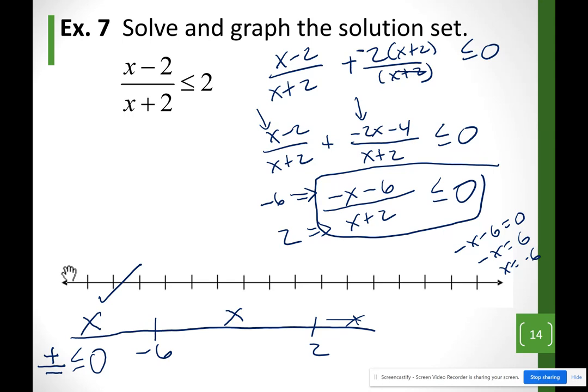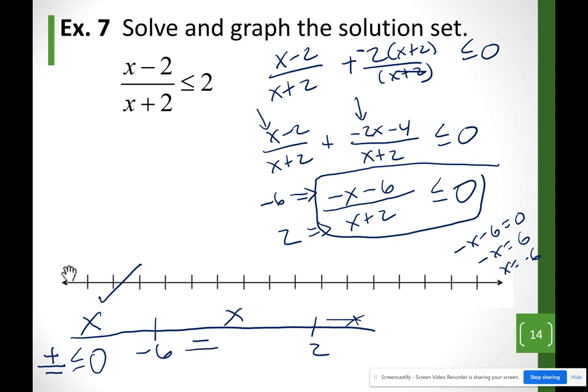Now let me think of a number between negative 6 and 2. I'm not telling you which number. You think of any number between negative 6 and 2. Keep in mind that the negative of a negative makes it positive, and the negative of 0 is still 0. On the top, negative x minus 6, I have a negative.